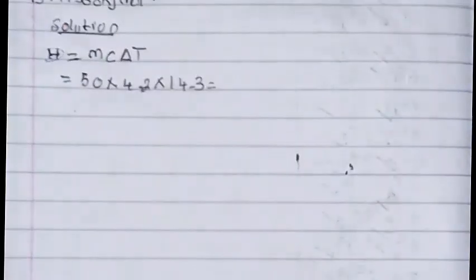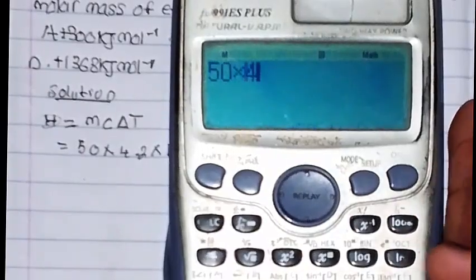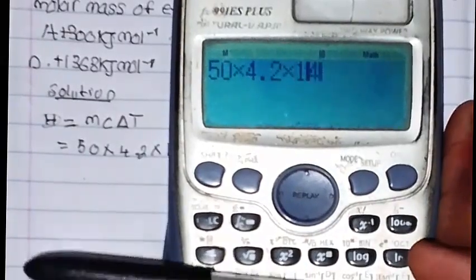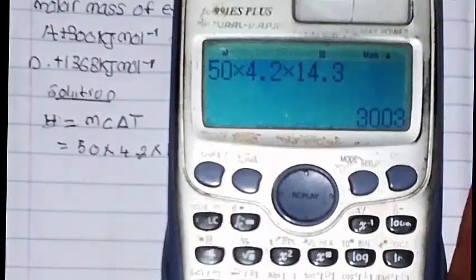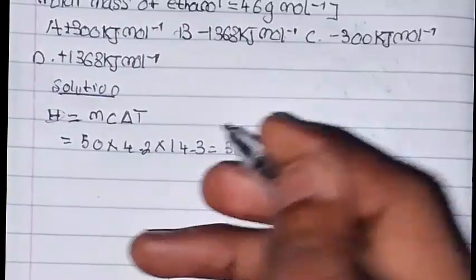So if you calculate this, 50 times 4.2 times 14.3, this is giving us 3003 joules when 0.46 gram was consumed.